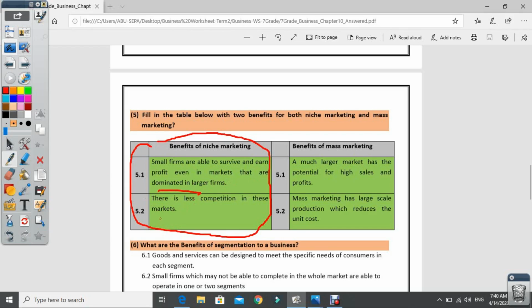The second one, there is less competition in this market. And the benefits of mass marketing, a much larger market has the potential for high sales and profits, and mass marketing has large scale production which reduces unit cost.